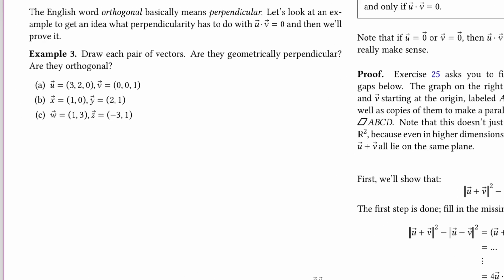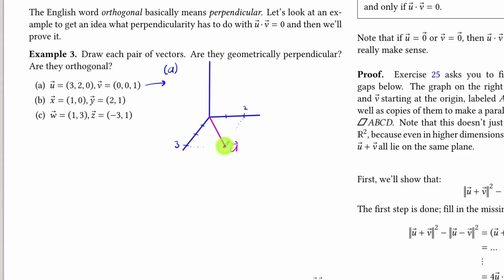But first, let's just draw some vectors to see, are they geometrically perpendicular, looking at the picture, and are they orthogonal using the definition. So let's start with A here. The vector u is on the x1, x2 plane, also known as the xy plane, and v is on the x3 axis, like so.